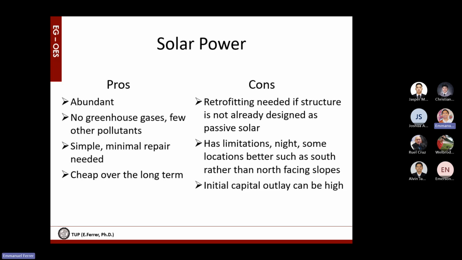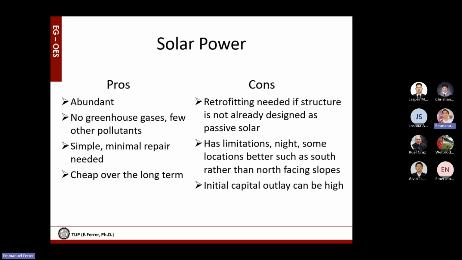Has limitations, obviously, there's no sunlight at night. Okay, and then some locations better, such as south or north facing slopes. Kasi oriented na agad sa south, no? Kung yung bahay mo oriented pa norte, problema. So, yun yung isa sa mga challenge.